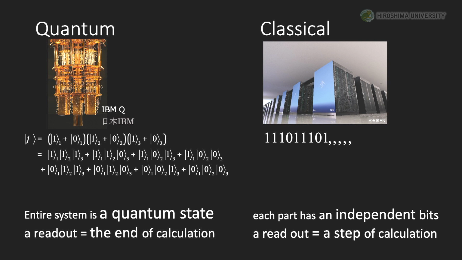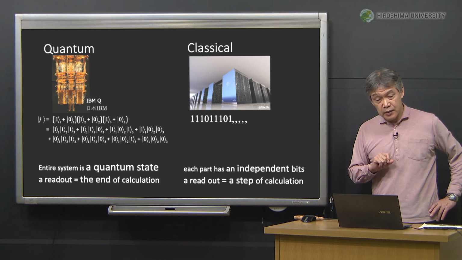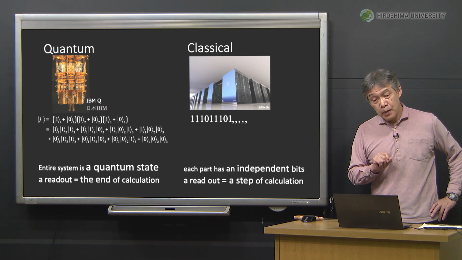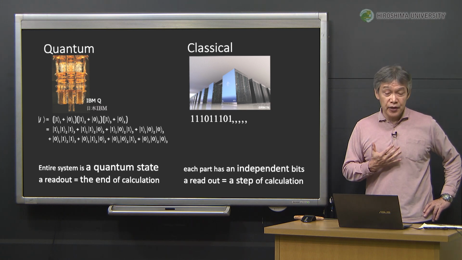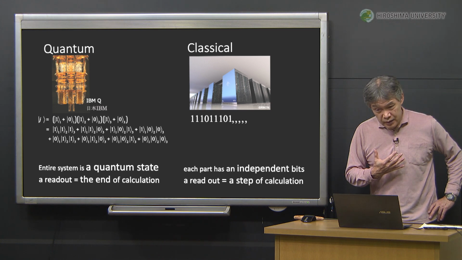However, in classical computers, you know, this series of 1 and 0 bits is already defined. And if we take a look at the status of the classical computer, it just gives us the status at the time. Then we can continue the calculations in the classical computers.